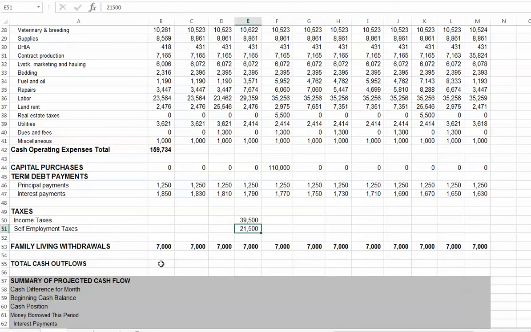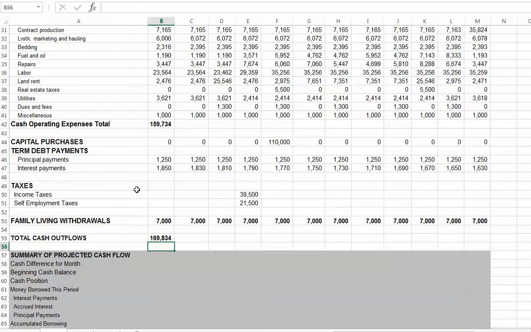Okay, total cash outflows. So this number is a total of the cash operating expenses and all these other categories. So I'll use the little auto sum button and I'll go grab the total cash operating expenses and pull through all the other categories. And now I've got total money flowing out of the business. Okay, now you should complete those.